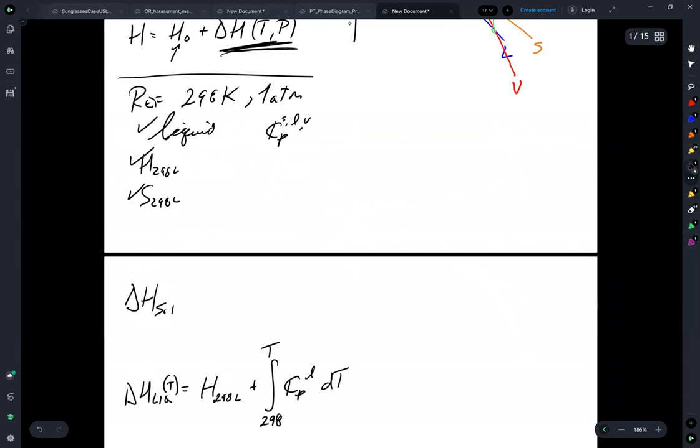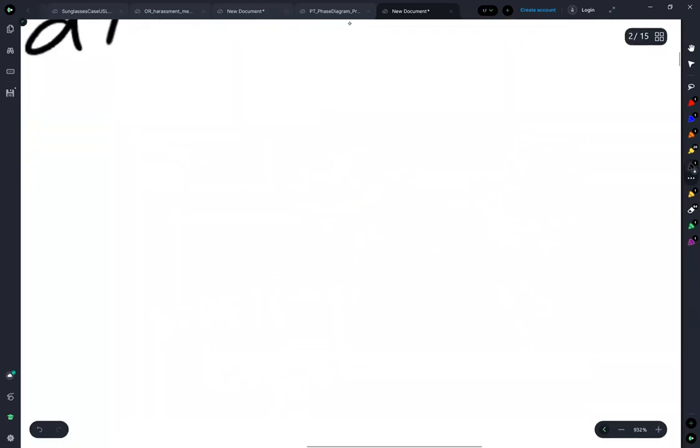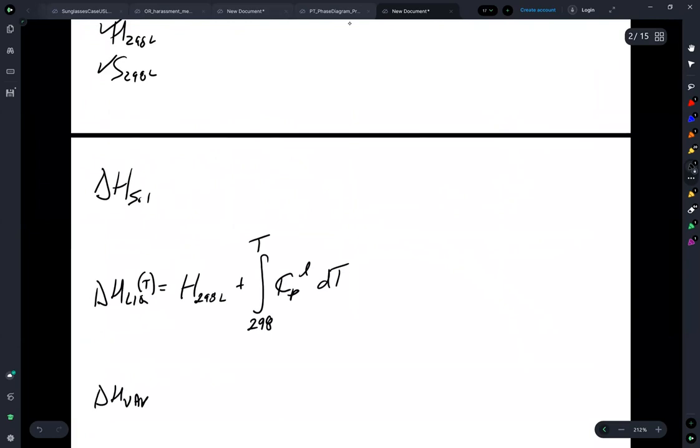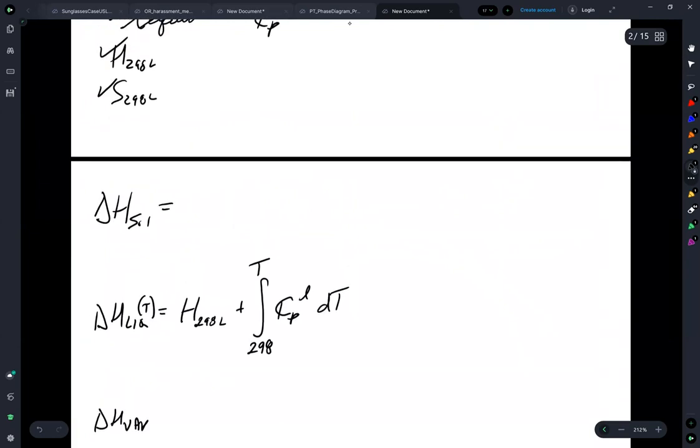So we need 3 heat capacities. Okay. Thinking of the solid, well, because I wanted to use the liquid as my reference, then in the liquid phase, I'll integrate from 298 to the melting temperature of the liquid, dT.